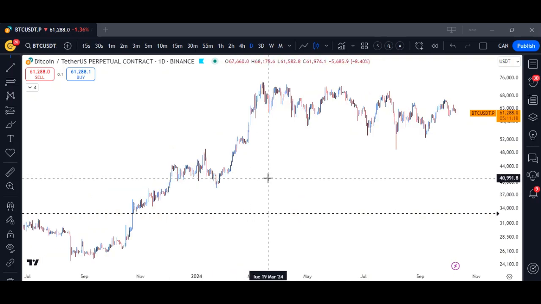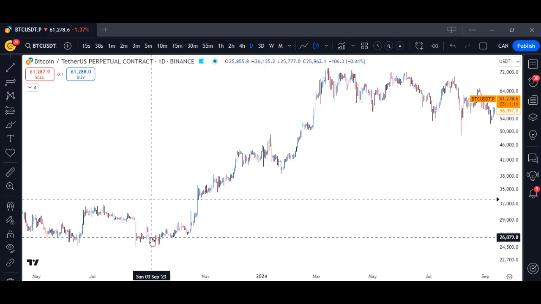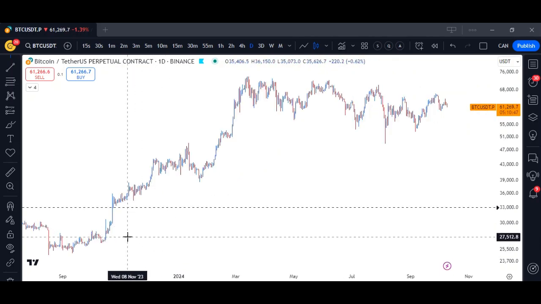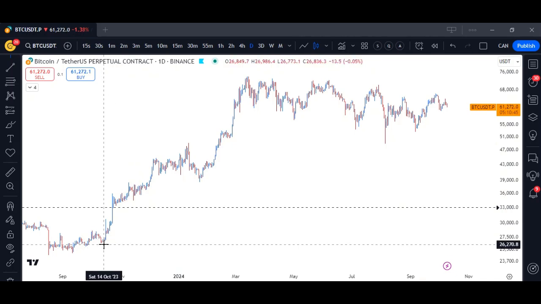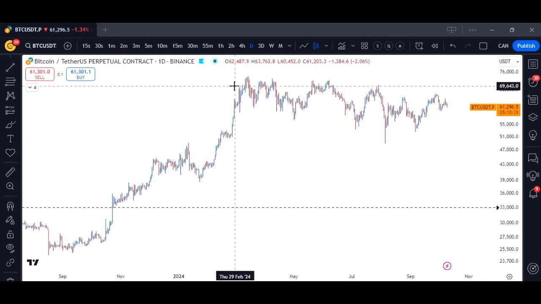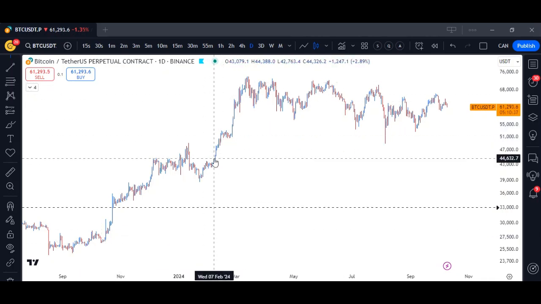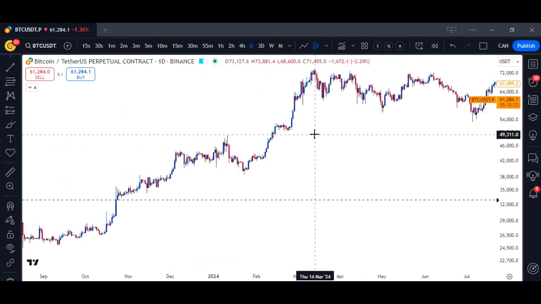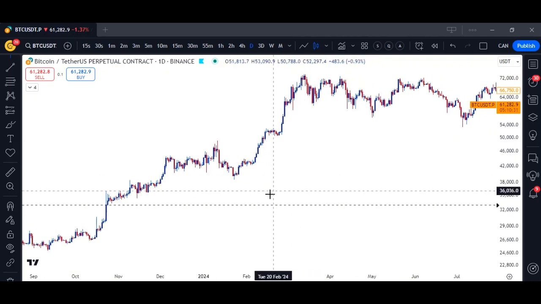Now let's see what happened to price in September of 2023. At the end of 2023, market started its great bull run and we saw the price pumping from 26,000 all the way up to 70,000. This was an impulsive move and the bull run was very profitable for a lot of people.